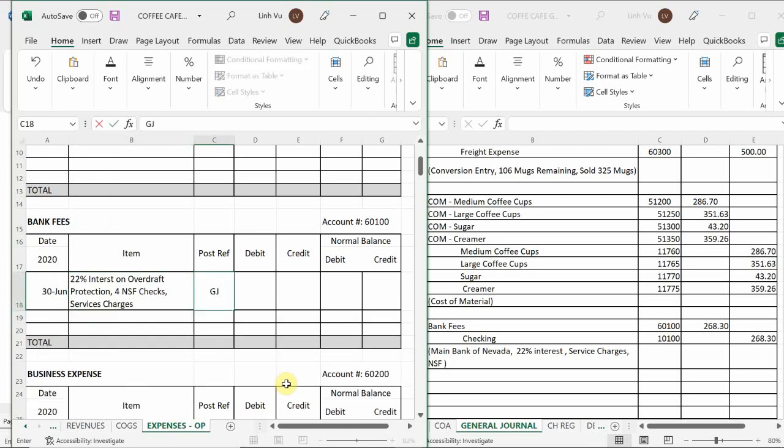Okay. For a total of $268.30. Okay. Anything else?